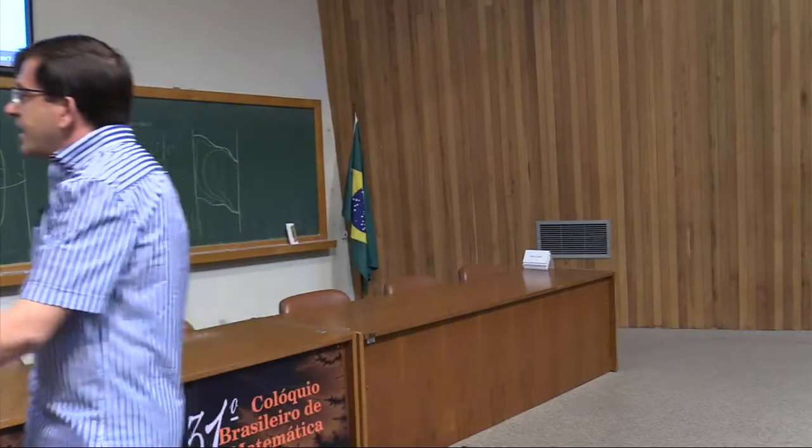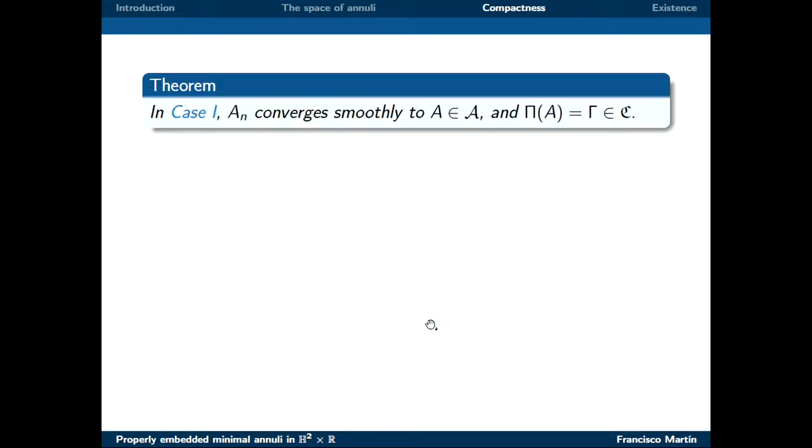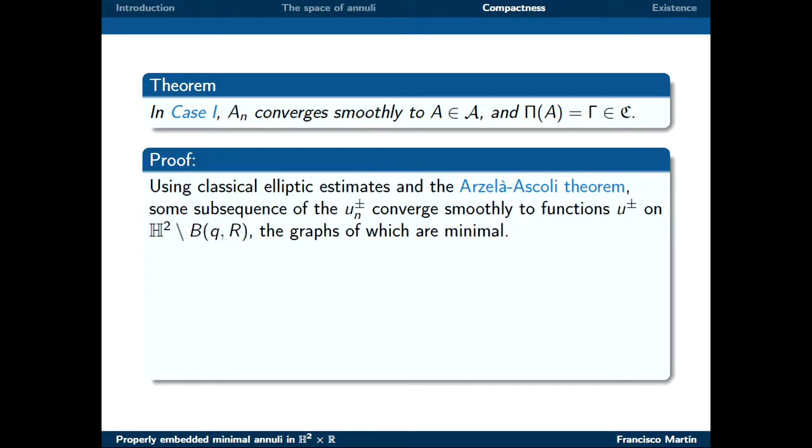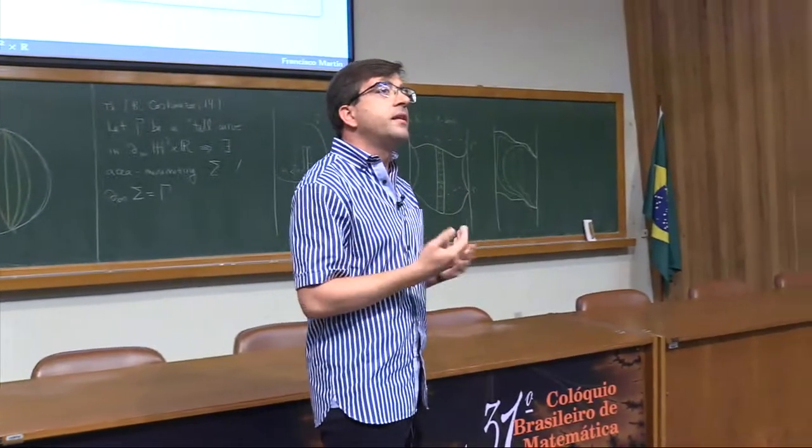So what can we say in these three cases? Well, the simplest one is case one. Imagine that we have a family of annuli that converges. In this case, the family, up to a subsequence, converges to an annulus. And the reason is this. Recall that we have a family of annuli so that outside a fixed cylinder, all of them are graphs.